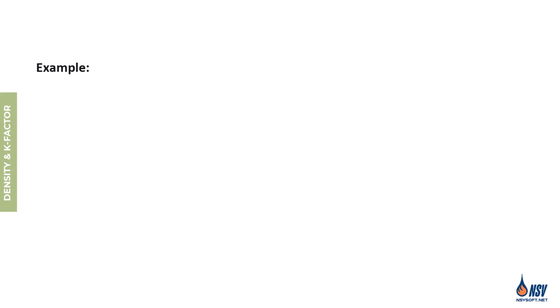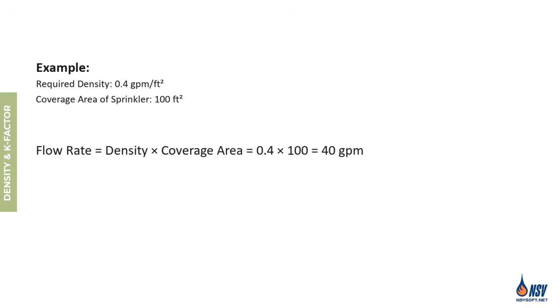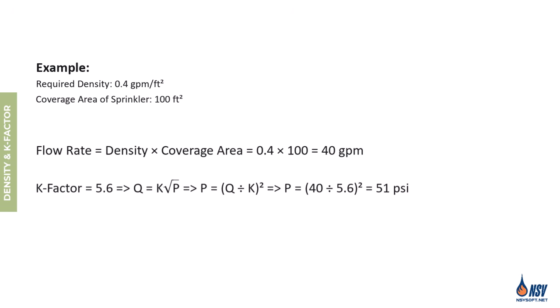To review the topics we've covered in this section, let's walk through a practical example. Suppose NFPA 13 requires a design density of 0.4 gallons per minute per square foot for a specific commodity and configuration using CMDA sprinklers. If each sprinkler covers 100 square feet, the required flow rate would be 40 gallons per minute. Now, regardless of the K factor requirement, if we were to use a K 5.6 sprinkler, the pressure needed to achieve 40 gallons per minute would be approximately 51 pounds per square inch.